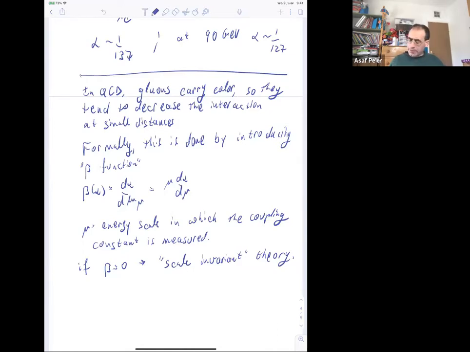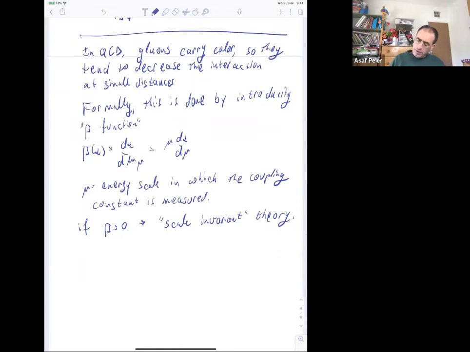So as an example, just to give you the outcome, in QED, to the first order, so only one loop correction, we get that beta of alpha is 2 over 3 pi alpha squared.